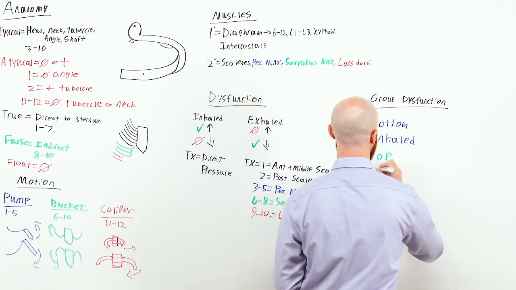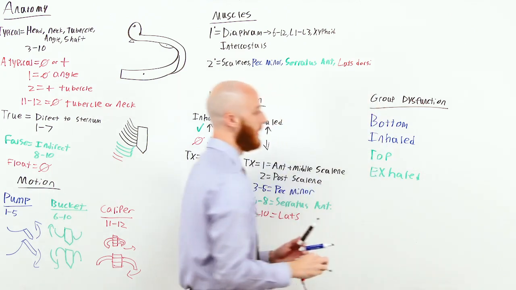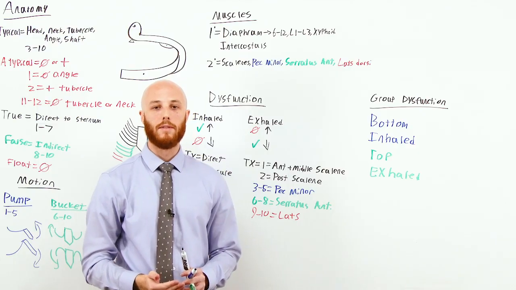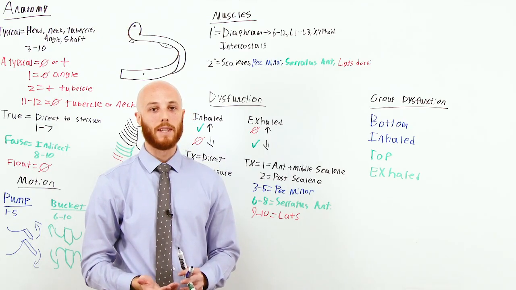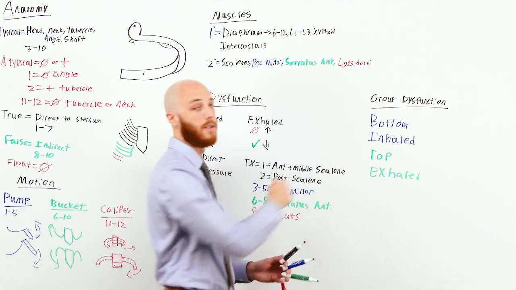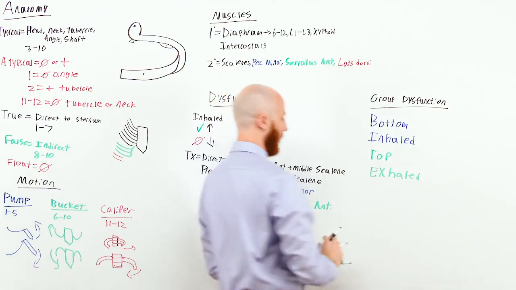exhaled. So let's say you have a group inhalation dysfunction of ribs 5 through 7. Which rib is the key rib? Well, using the bite mnemonic, you know it's the bottom rib. So it's rib number 7. If we're going to draw this out, it'll look something like this.